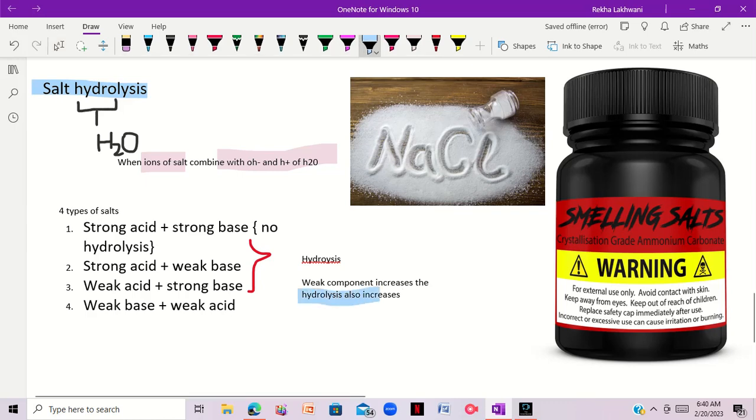So let's look at the reason behind why the strong acid and strong base are not showing hydrolysis, right? Let's dig into this.